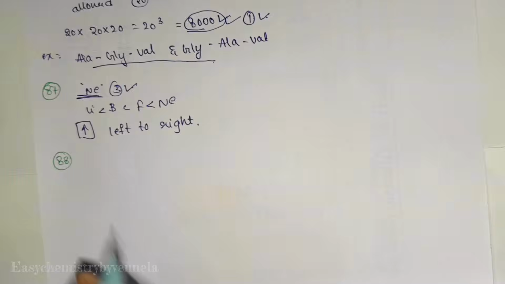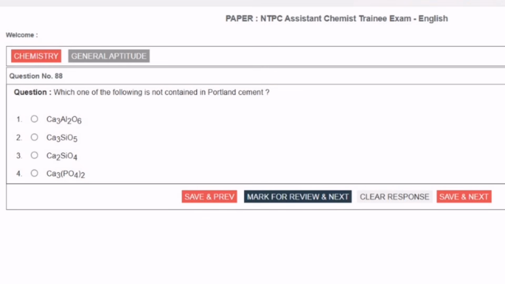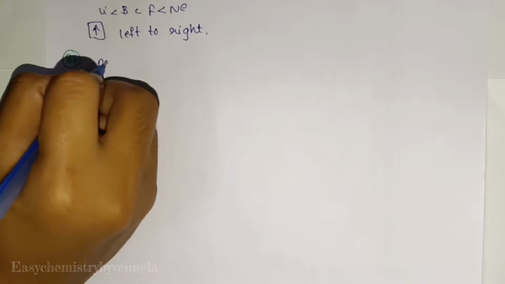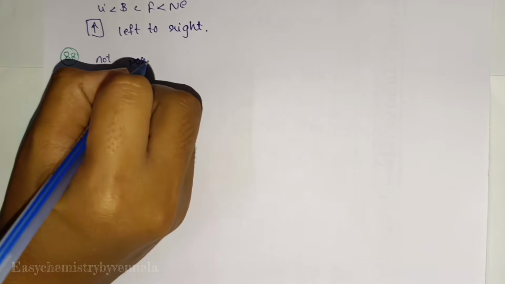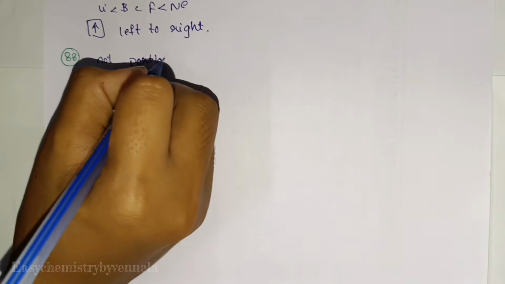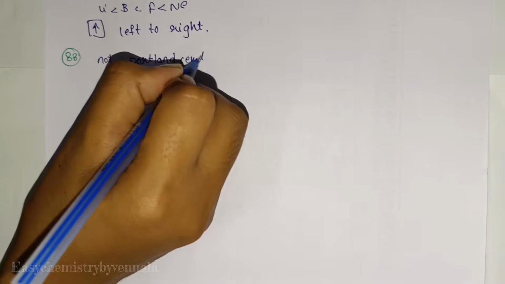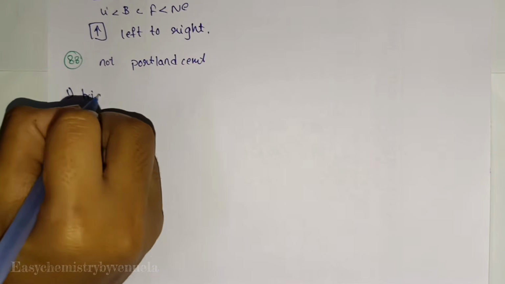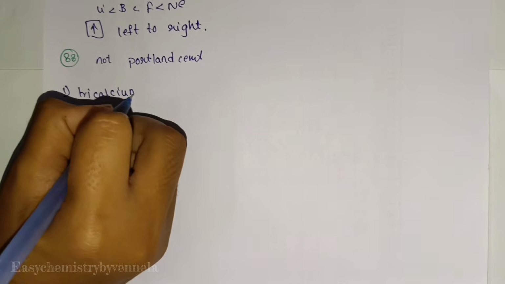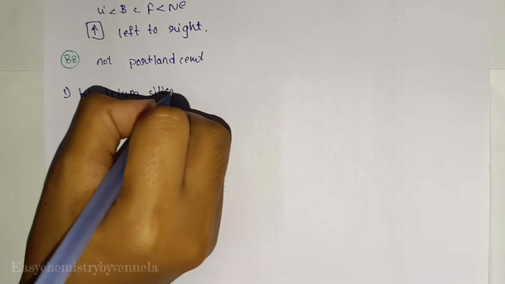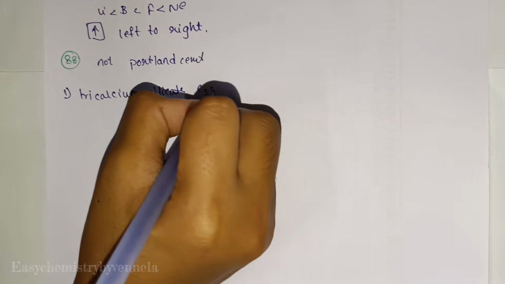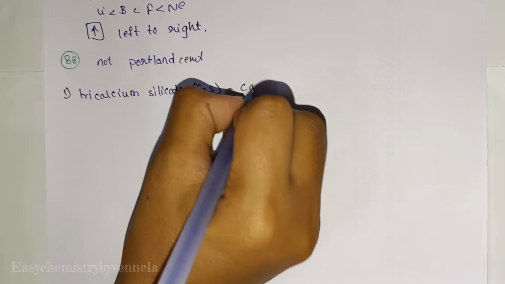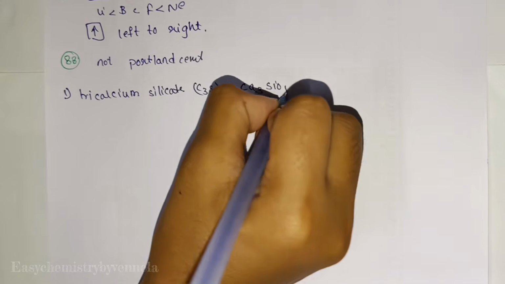Next question. Which one of the following is not contained in Portland cement? First of all, which are contained? That is tricalcium silicate, C3S, formula Ca3SiO5.